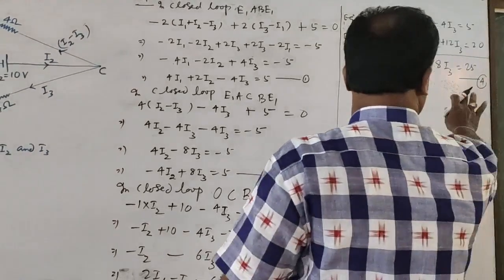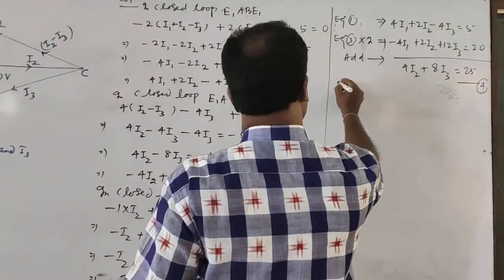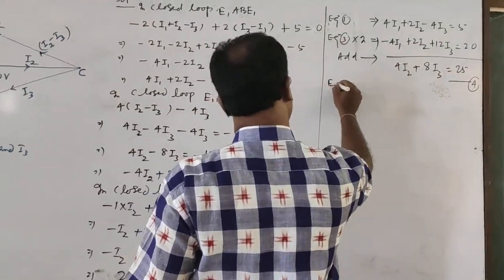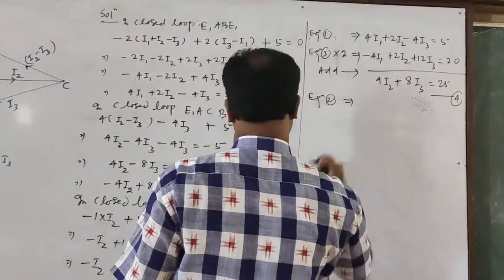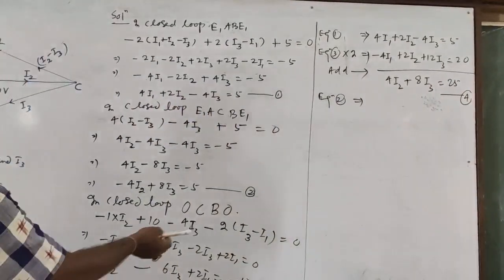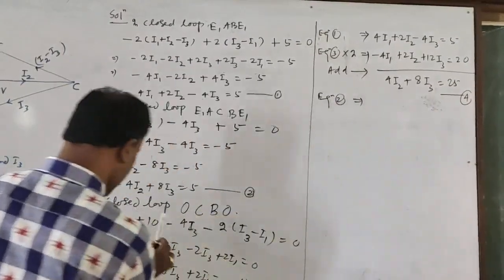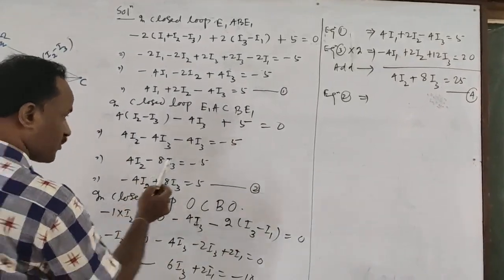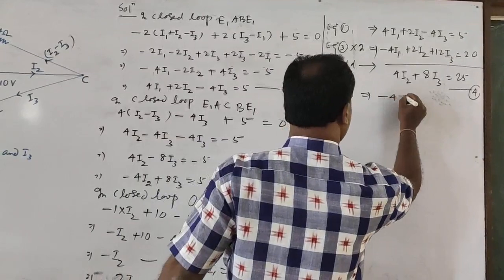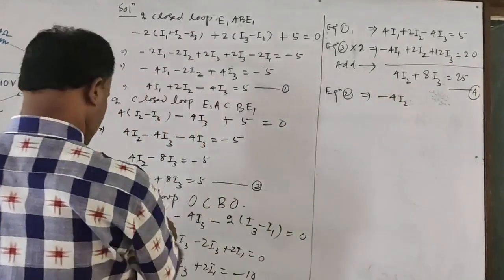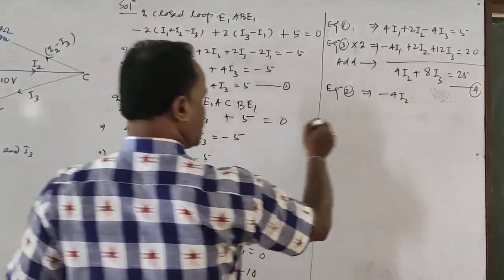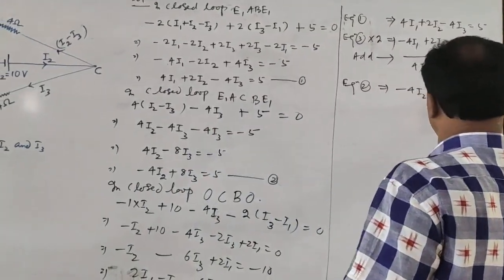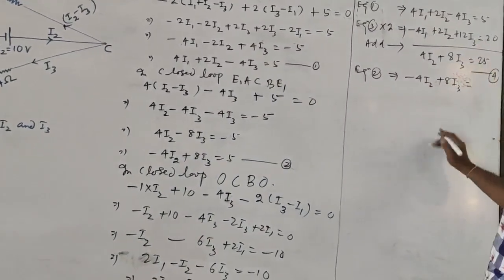Then consider equation 2. Here I2 and I3 are there, and in equation 4 also I2 and I3, so it is easy to solve. Equation 2 implies minus 4I2 plus 8I3 is equal to 5.